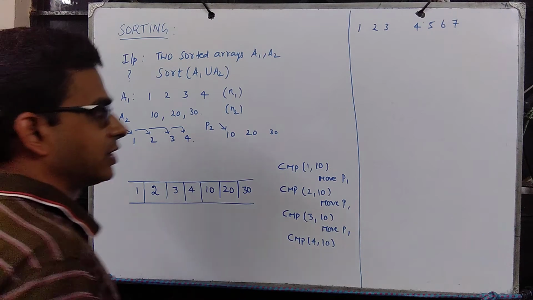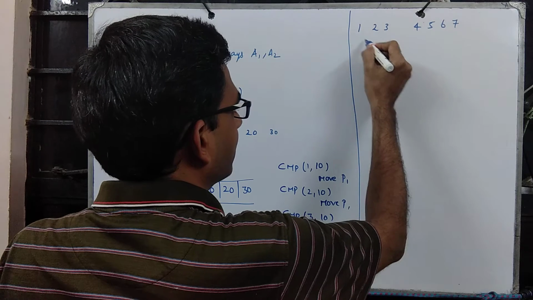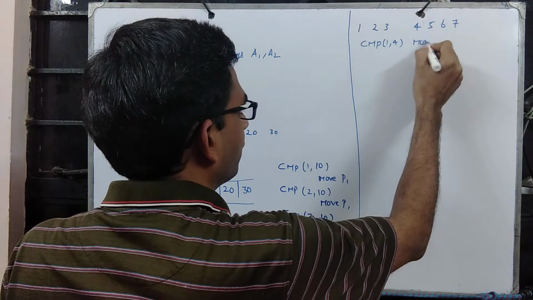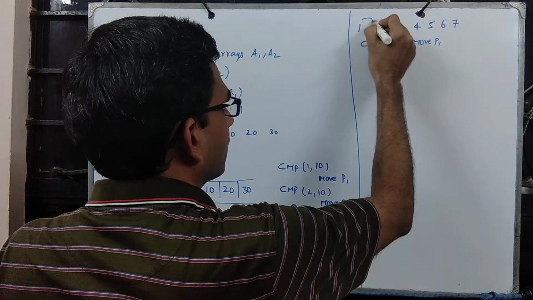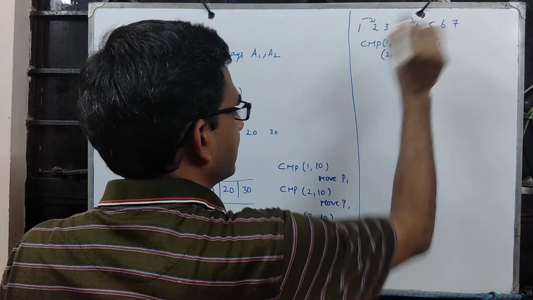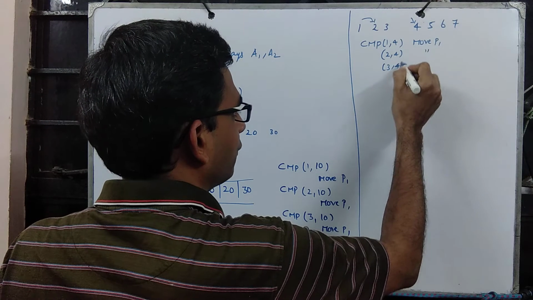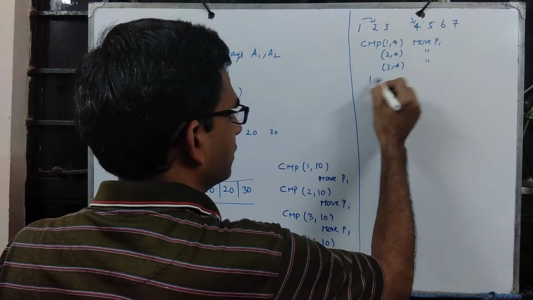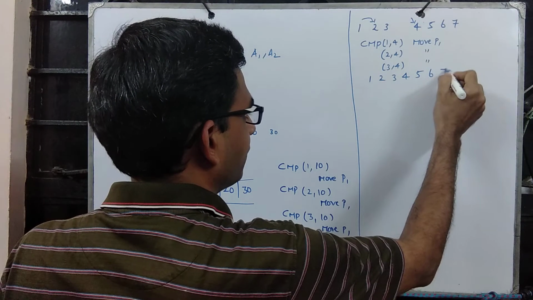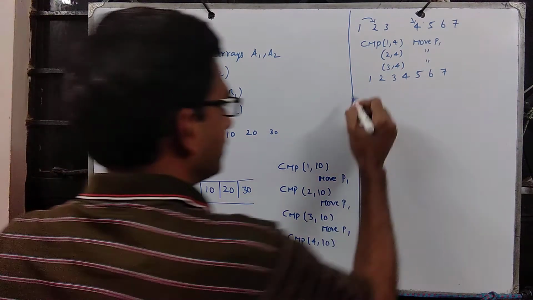If you follow this strategy, you compare 1 and 4, then move P1, then compare 2 and 4, P2 is unchanged, and then move P1. Compare 3 and 4, move P1, and you are exhausted, so you copy 1, 2, 3. After that simply copy 4, 5, 6, 7. Correct?